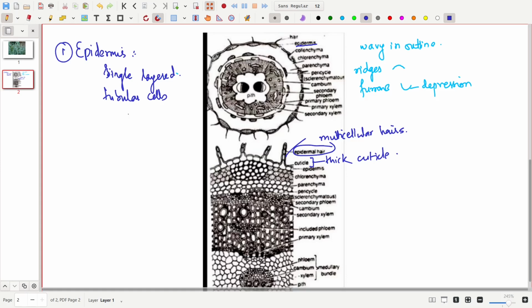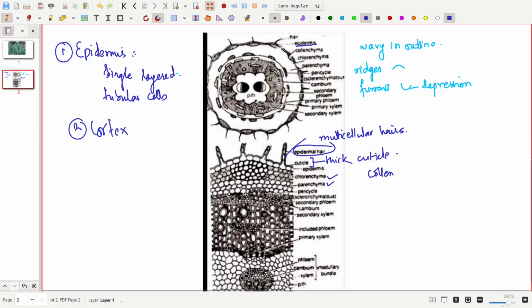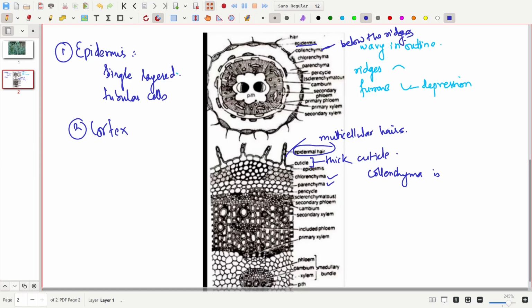Now let me discuss the second one, that is the cortex. It is well differentiated into three parts: chlorenchymatous, parenchymatous and collenchymatous. The collenchyma is present only below the ridges.